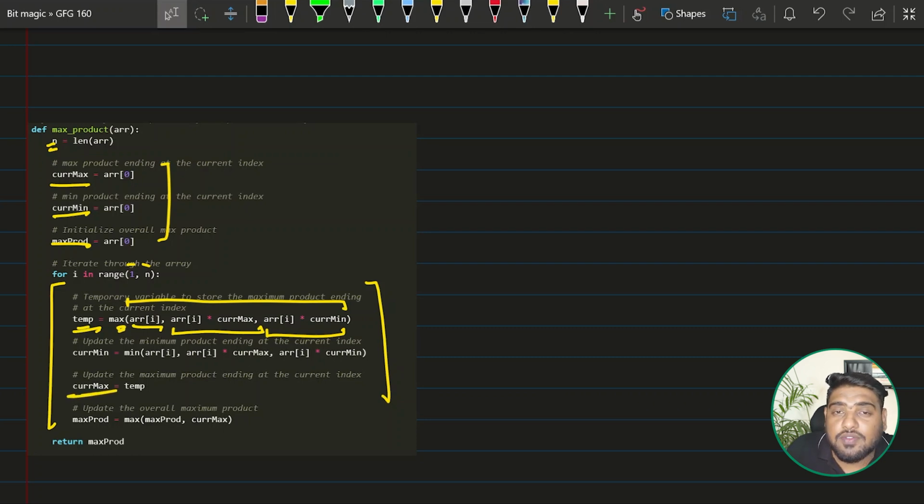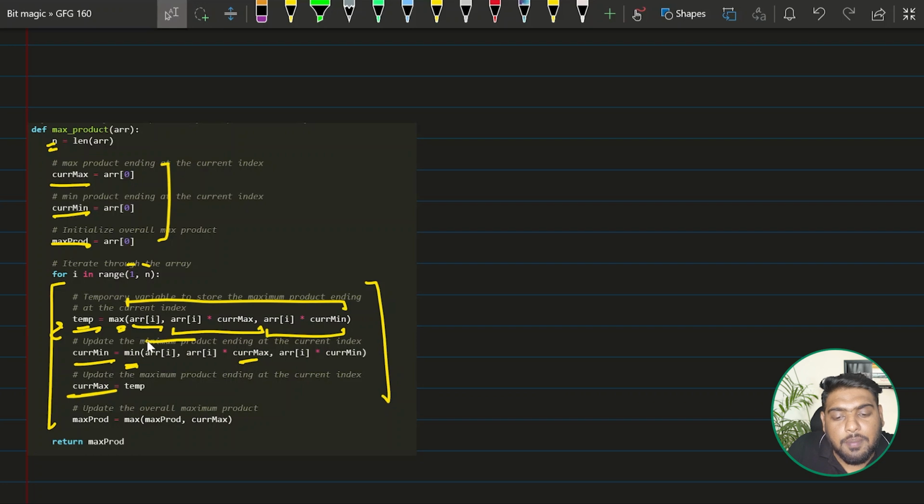I am taking help of this temporary variable because make sure if you update your current maximum at this point, you would be using it again in the next line, and that would create a logical error. So that is why I'm using this temp variable here. It is helping me to stay away from those errors. Now, say the same thing with the minimum.